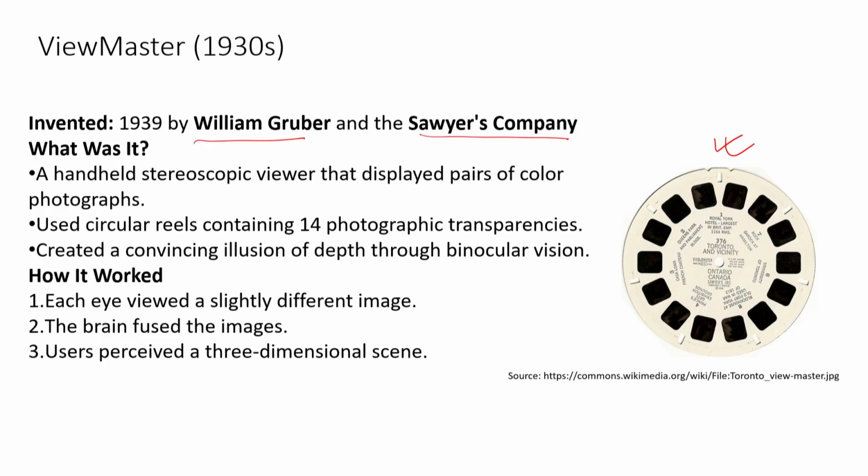So, using pairs of colored photographs, you could actually get to see different photographs, and they were presented to the two eyes. And the brain combined them to form a single image. So, each eye viewed a slightly different image, the brain fused the images, and the users perceived a three-dimensional scene.